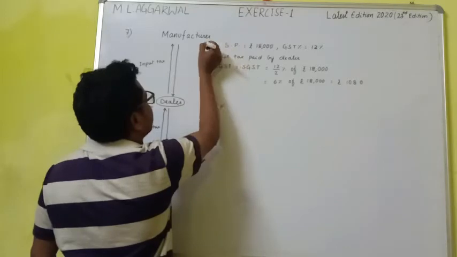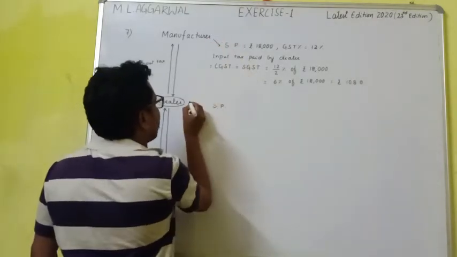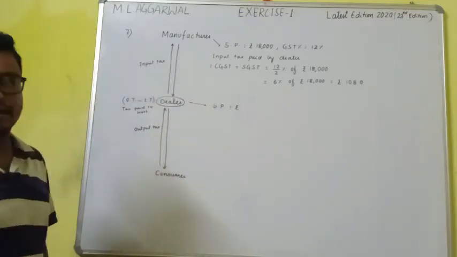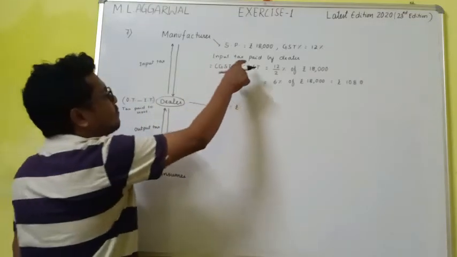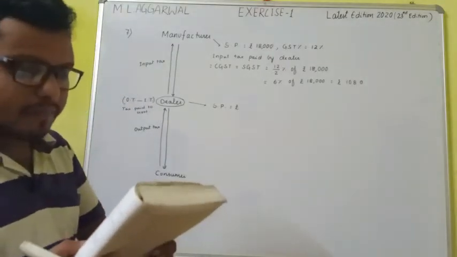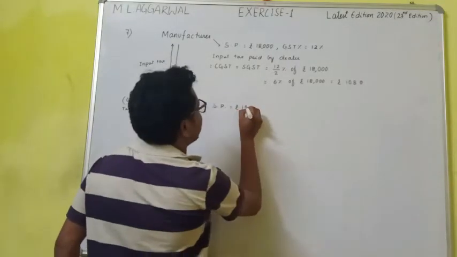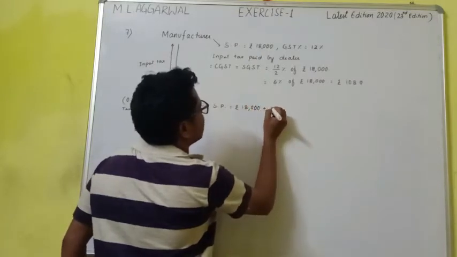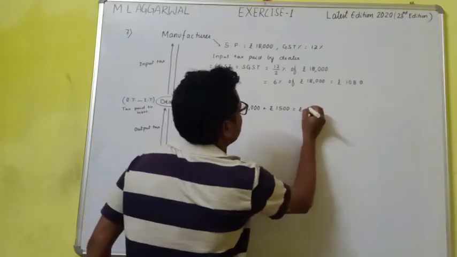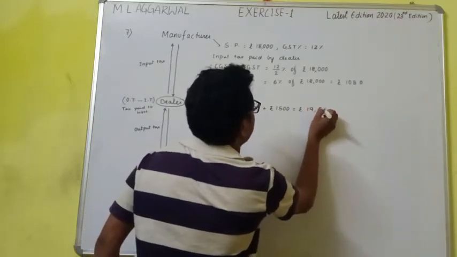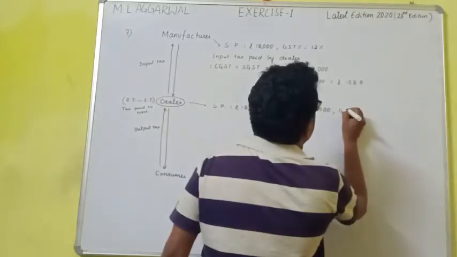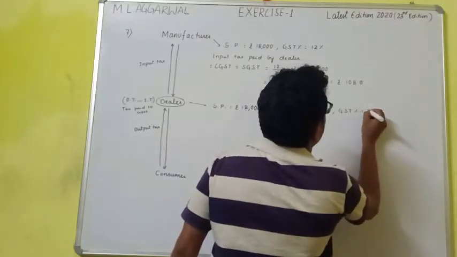So this is the case of manufacturer. Now I am doing the case of selling price of dealer. Dealer sells it at a profit of how much? Profit of rupees 1,500. So it will be 18,000 plus 1,500, which will be equal to 19,500. And GST at the same rate, that is 12%.